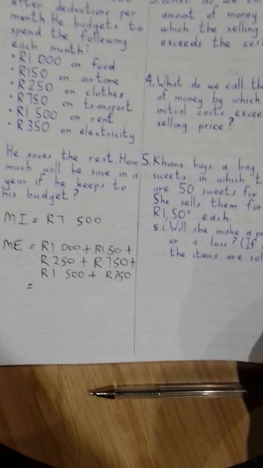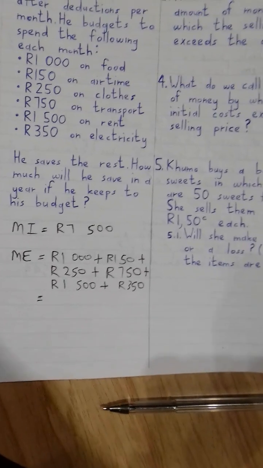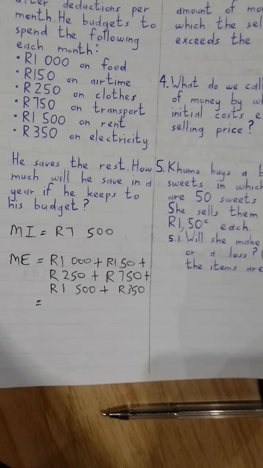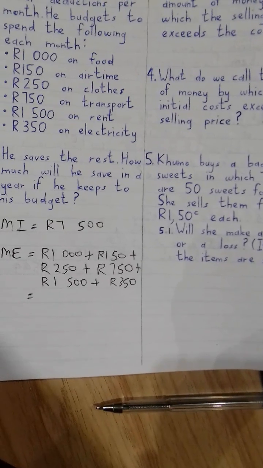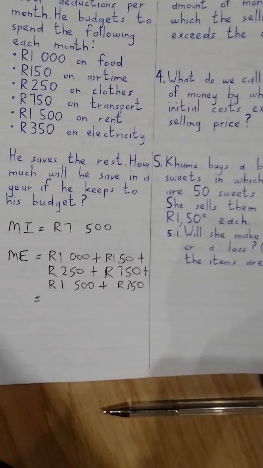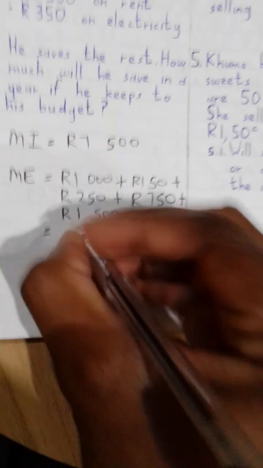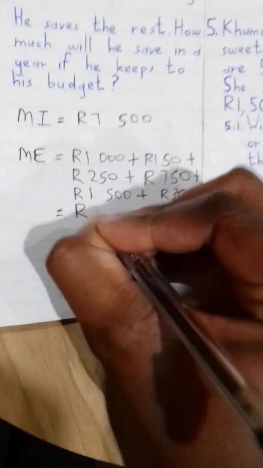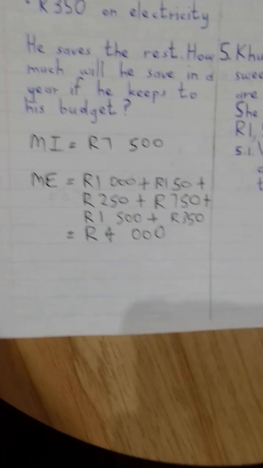So it's going to be 4,000 rands. Okay, so the monthly expenditure is 4,000 rands.